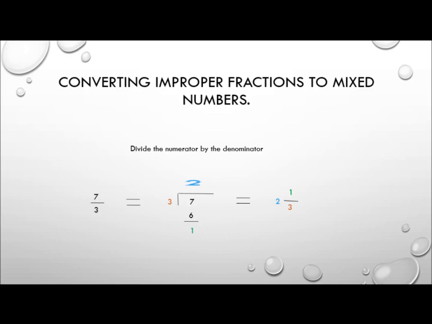When we divide 7 by 3, we get 2, and that 2 is the whole number that goes in the mixed number. There is a remainder of 1, and that 1 then becomes the numerator of our fraction. And since we're dividing by 3, the denominator of our fraction is a 3.